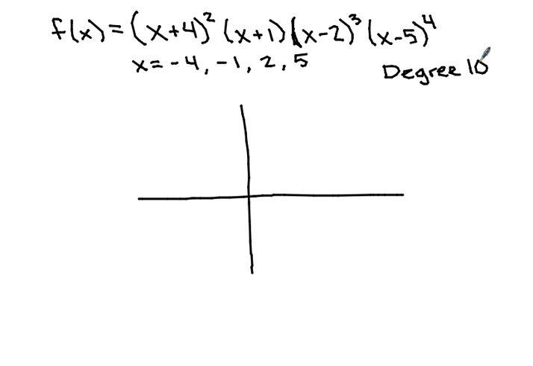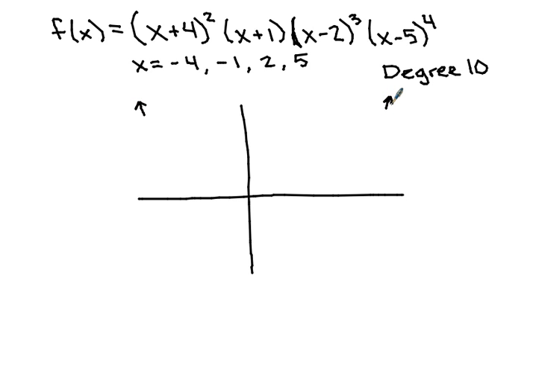What's going to help us with that is we want to know, is it even or odd? 10 is obviously even. So what's its end behavior? It's up and up, right? Just like squared or to the 4th power or any of those others. Anytime it's an even degree, it's going to have an up and an up.